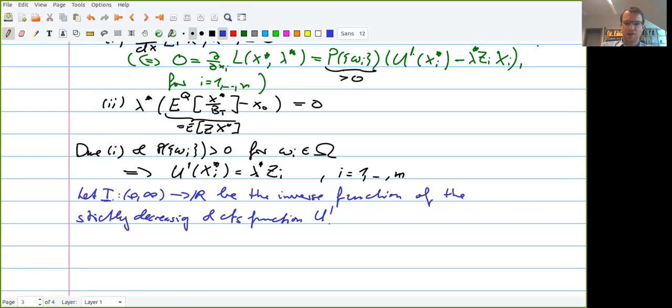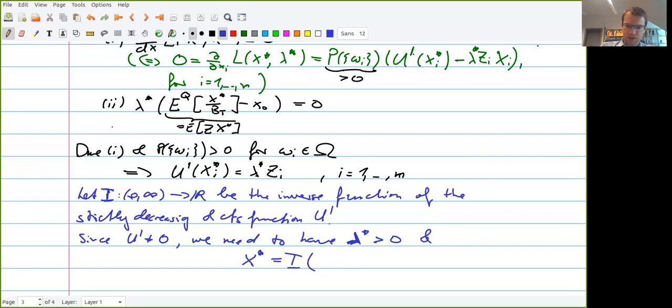So let us define now I to be the inverse of this function u prime. What you also know is that this is unequal to 0. So the lambda has to be strictly positive, and we apply the inverse function to this equation here.